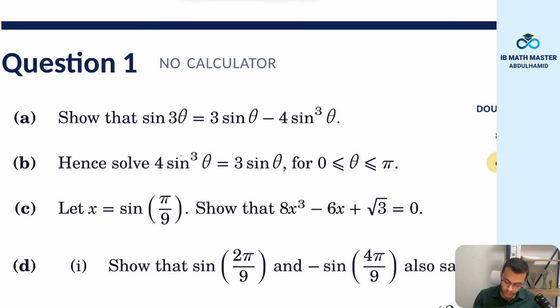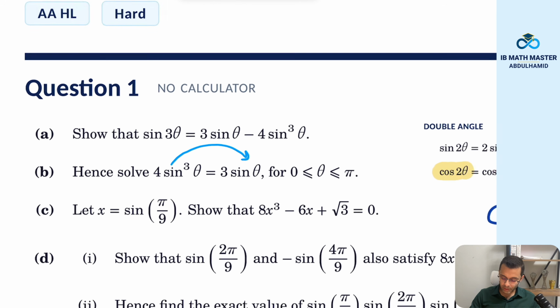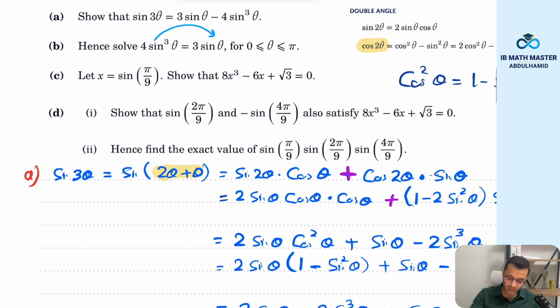Look, I will move the 4 sine cubed to the right side of the equation. So we will have 3 sine theta minus 4 sine cubed. Why? It will match this perfectly. So now, if I move it, by the way, if I move it here, nothing will be left, only 0.